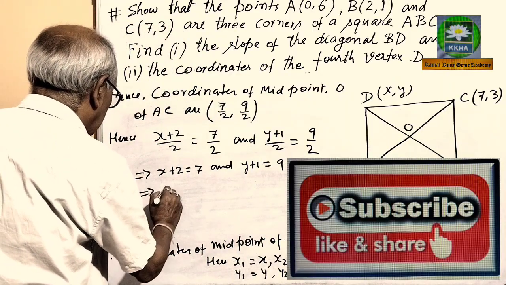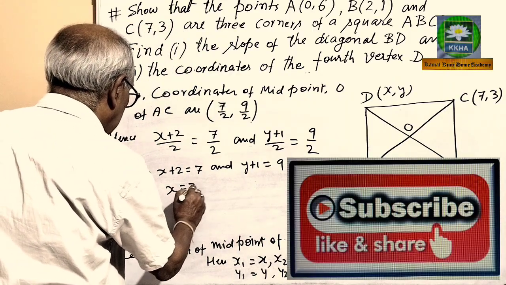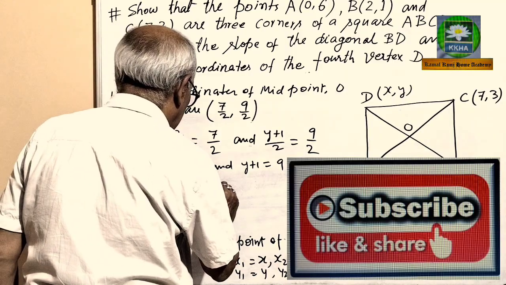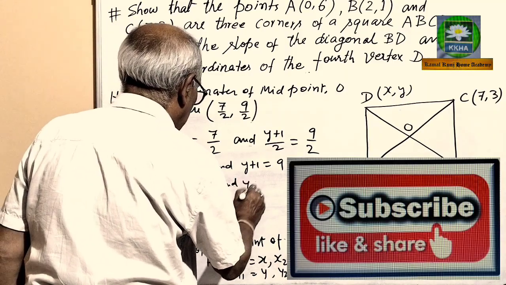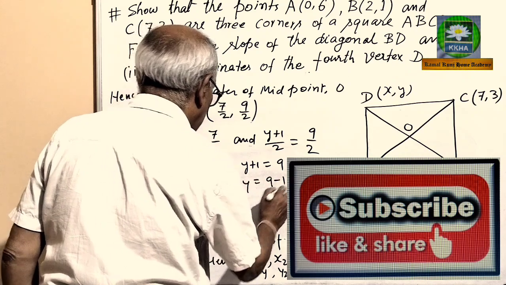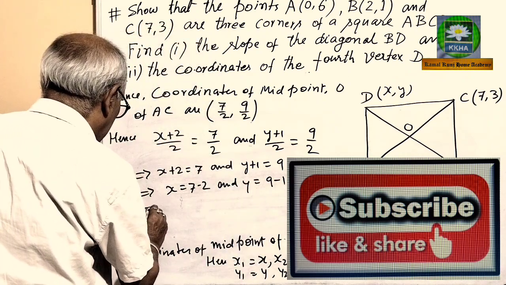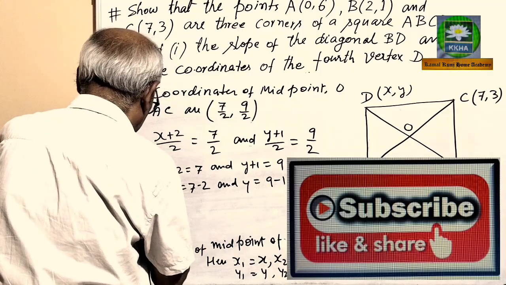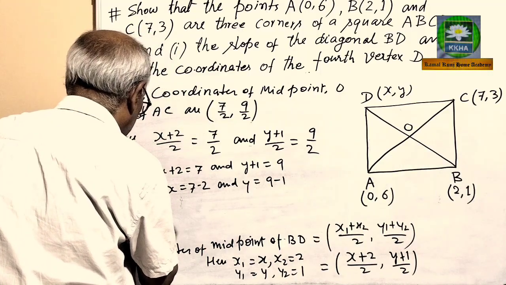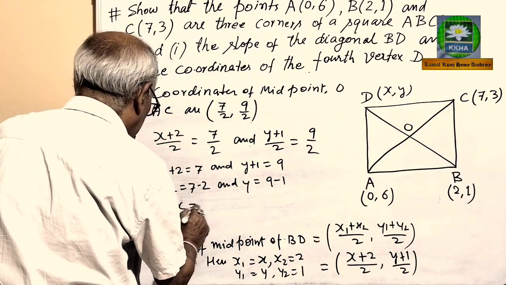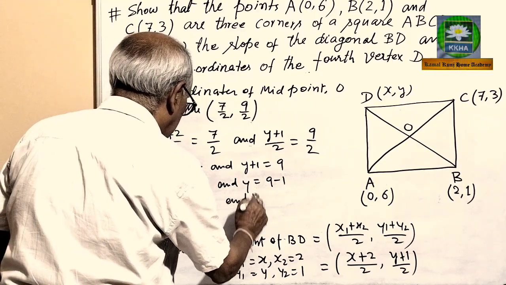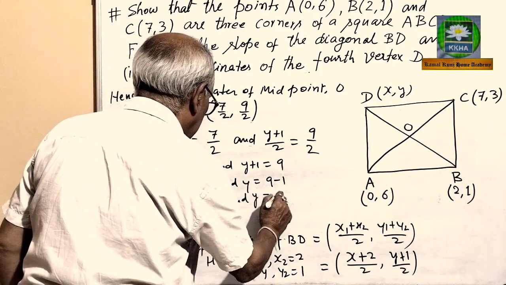This implies that x equal to 7 minus 2 and y equal to 9 minus 1. This implies that x equal to 5 and y equal to 8.